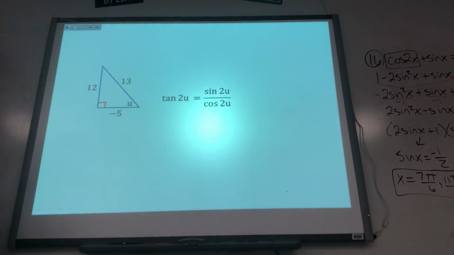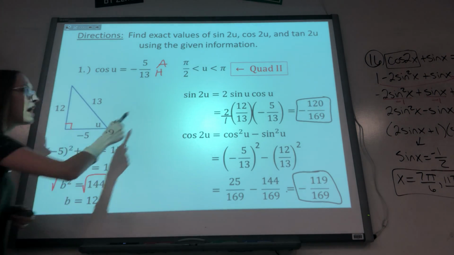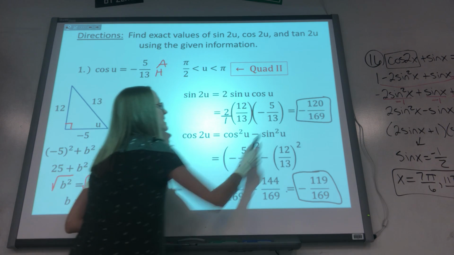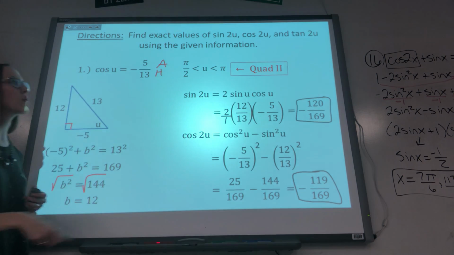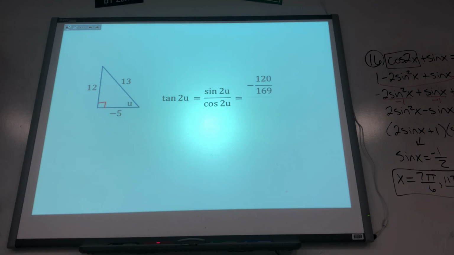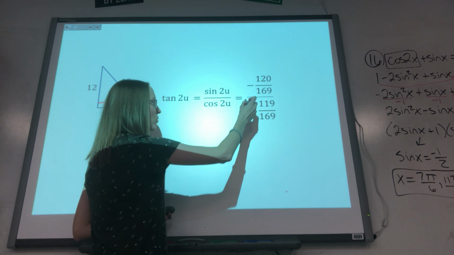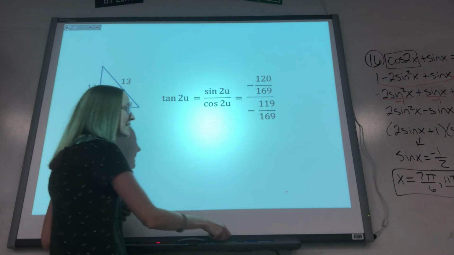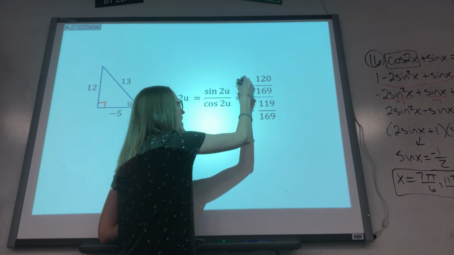So earlier, backing up, sine of 2u was negative 120 over 169. So that goes on top. And cosine of 2u, that was negative 119 over 169.